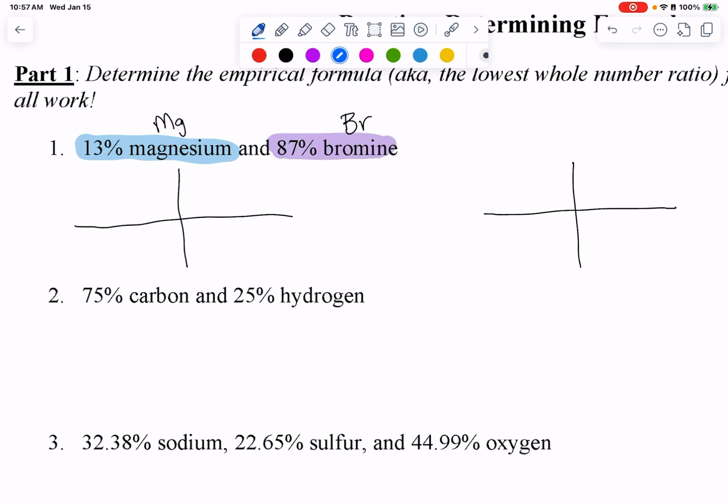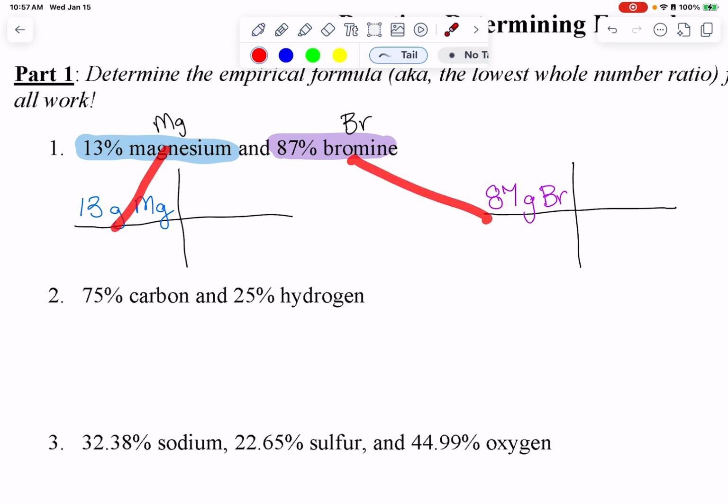So for the blue side, magnesium, I'm going to take this percentage and turn it into grams, because I'm trying to get it into a formula, and formulas are based off of mass and moles. So I'm going to turn that 13% into 13 grams, as well as 87% into 87 grams of bromine. So I just split my information up into 2 tables.